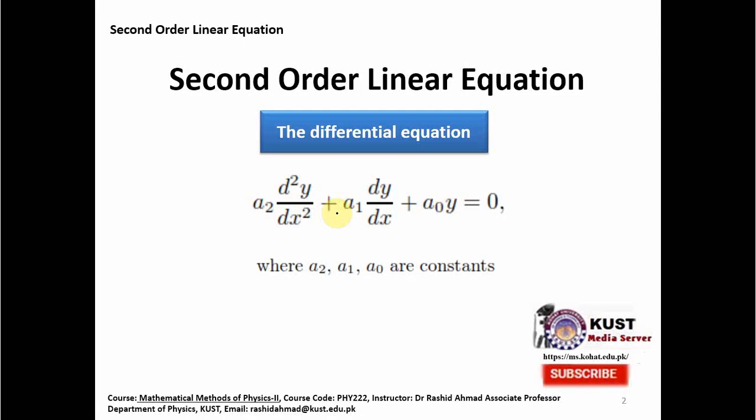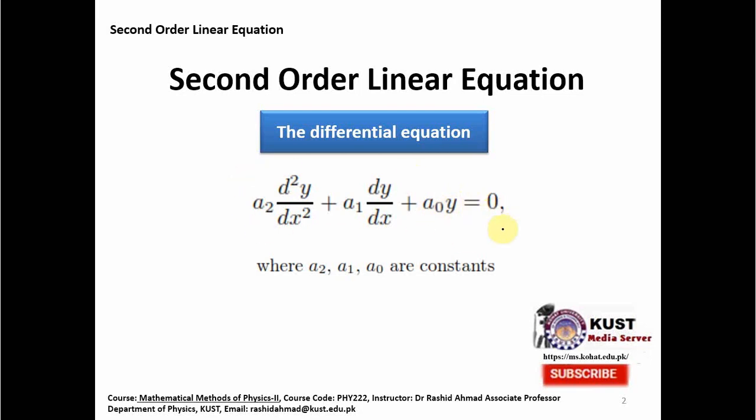Then we have the first order derivative, dy by dx, multiplied with another unknown constant a1, and the last term does not have any derivative, but it still has a variable y multiplied with a third constant a0, and this is equal to 0.